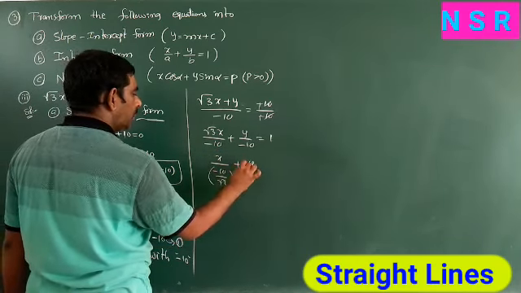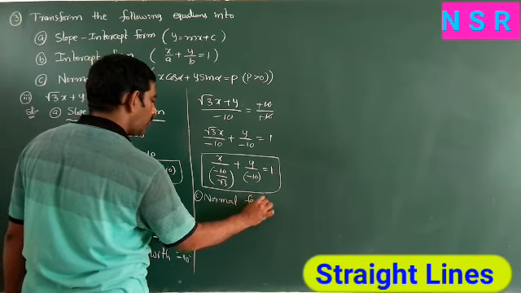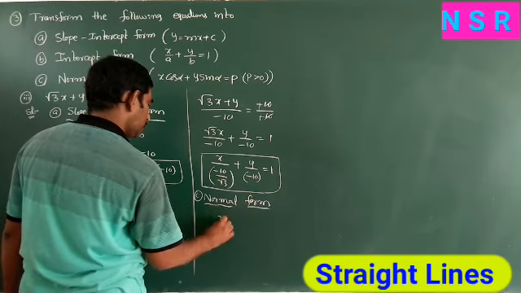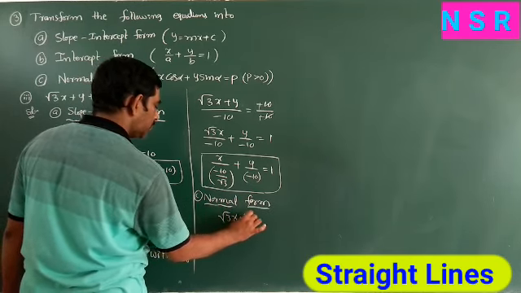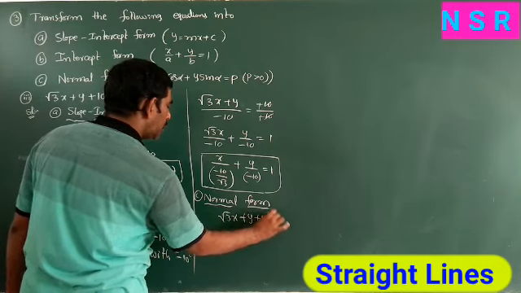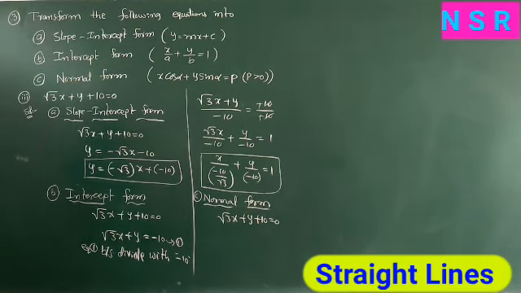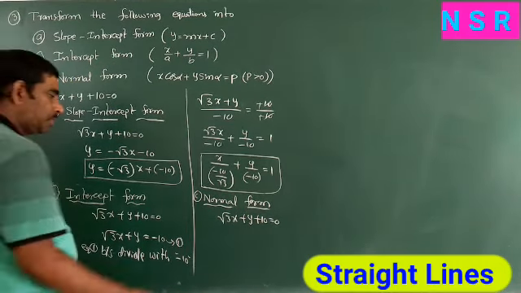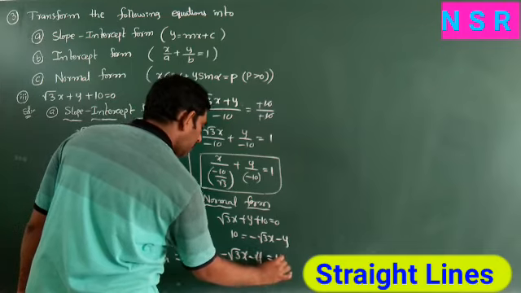So next, normal form. Root 3x plus y plus 10 equal to 0. Observe here the constant is positive. So root 3x and y move outside the equal sign: minus root 3x minus y equal to 10.